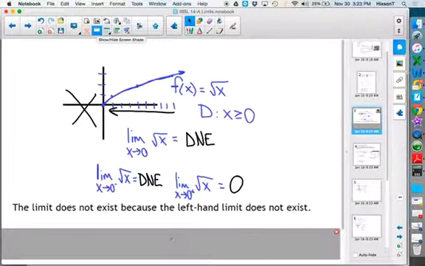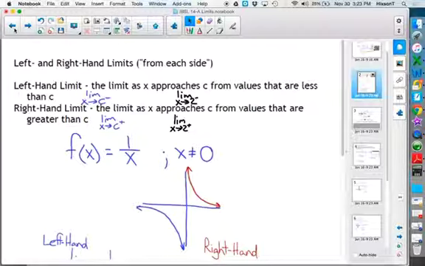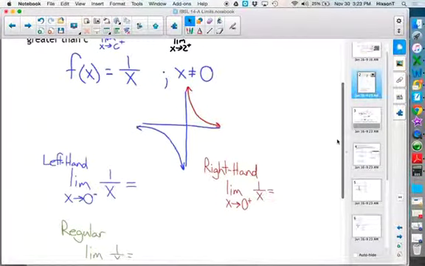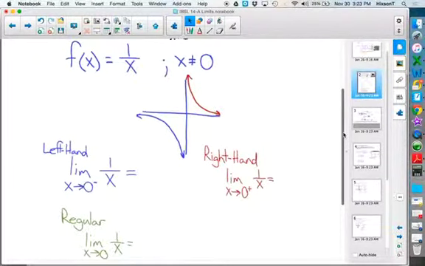Another case that we can look at, we'll finally get to this one here, I need to reorder these, is the reciprocal function. Okay? You see this happen with functions a lot, not just reciprocals, but notice we want the limit as x approaches 0. Okay?